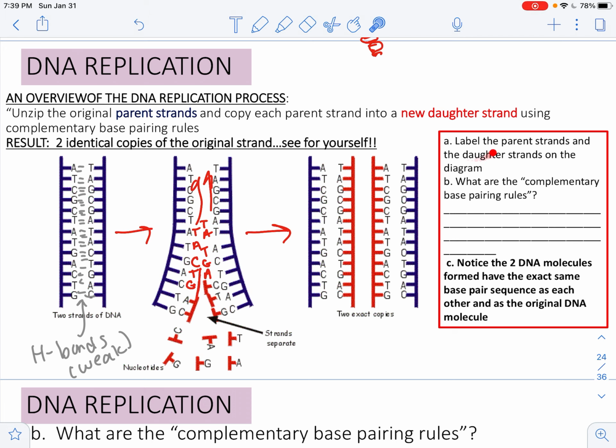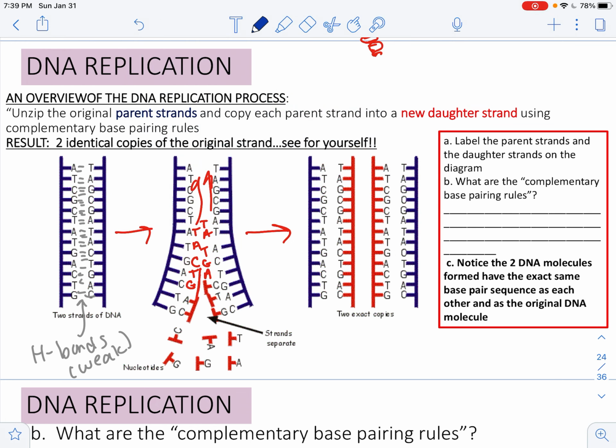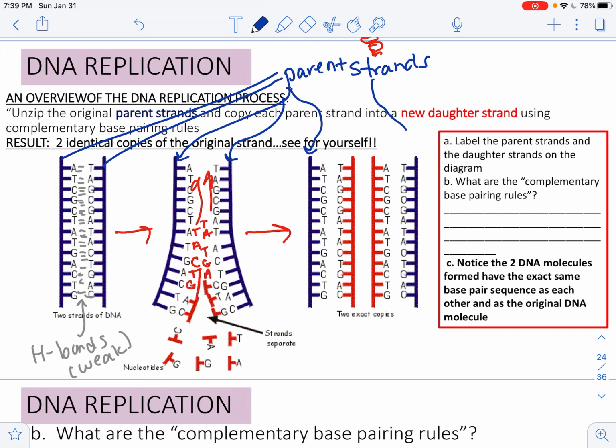Number 1 says label the parent strands and the daughter strands. The parent strands are the ones that we start with. So these are the parent strands, I'll label those in blue, that we're starting with. You can see there's the parent strand, there's the parent strand, and once we're done, each DNA molecule has one original parent strand, and then the daughter strands, I'll put in red.